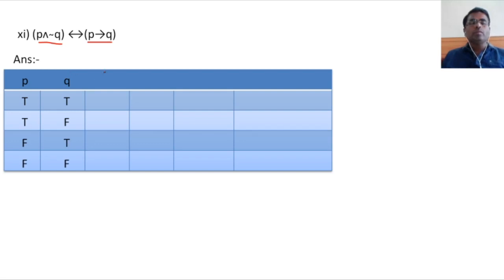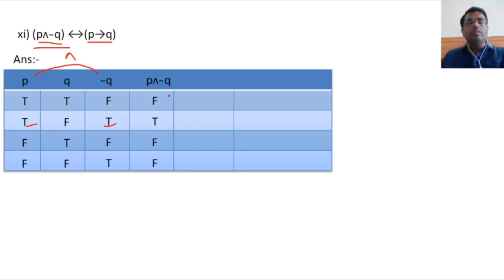Then first we need to consider negation Q. Exactly opposite: true becomes false, false becomes true, true becomes false, and false becomes true. Now we need P and negation Q. So we have to consider AND operation between these two. For AND operation, if both are true, then only the resultant is true, otherwise it is false. So you have false, true, false, false combination.